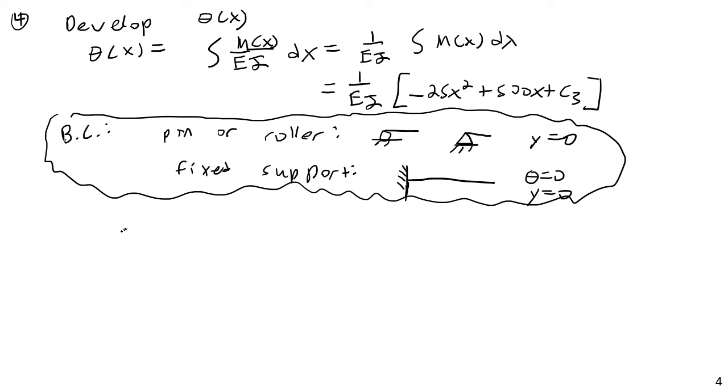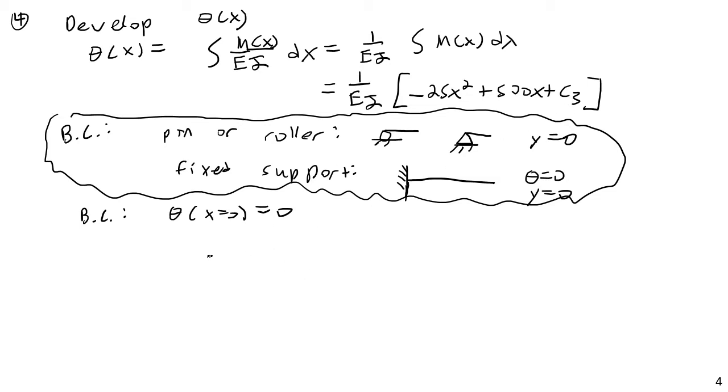So here, for this case, we can simply use the knowledge that theta at x equals 0 is equal to 0. It is a fixed support, so the rotation there, or the slope, must be equal to 0.